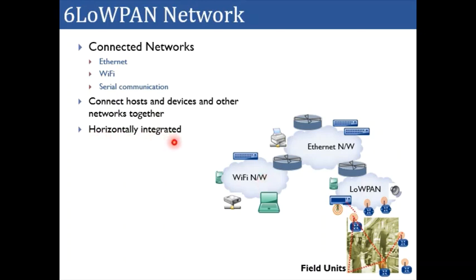It is horizontally integrated, meaning the devices communicating over 6LoWPAN and the devices not communicating over 6LoWPAN but communicating over either Wi-Fi or Ethernet can all share data to the applications at the same time. So that's why devices, whether they are 6LoWPAN or not, can share data at the same time.